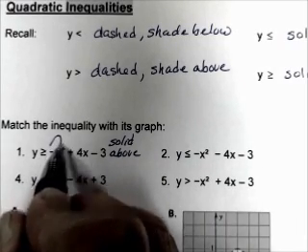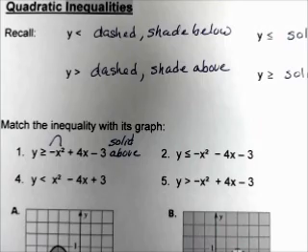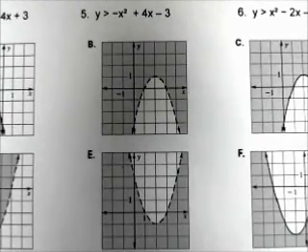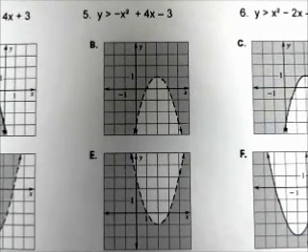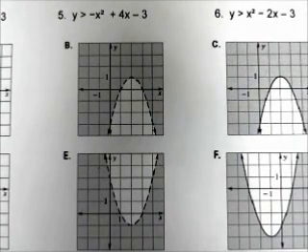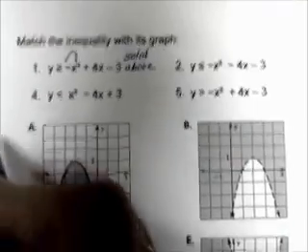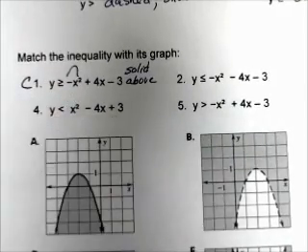So it would look like this. Which one of our 6 choices has a concave down, solid parabola with shading above the parabola? It would be this one, C. So number 1 matches with the graph of C.